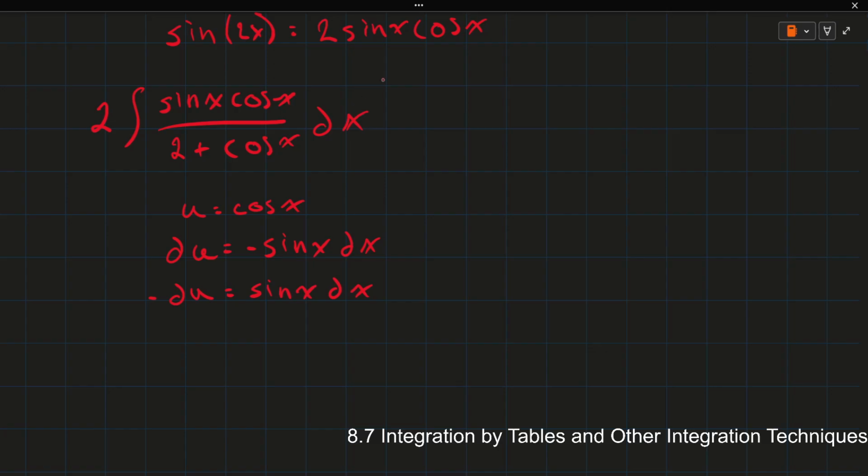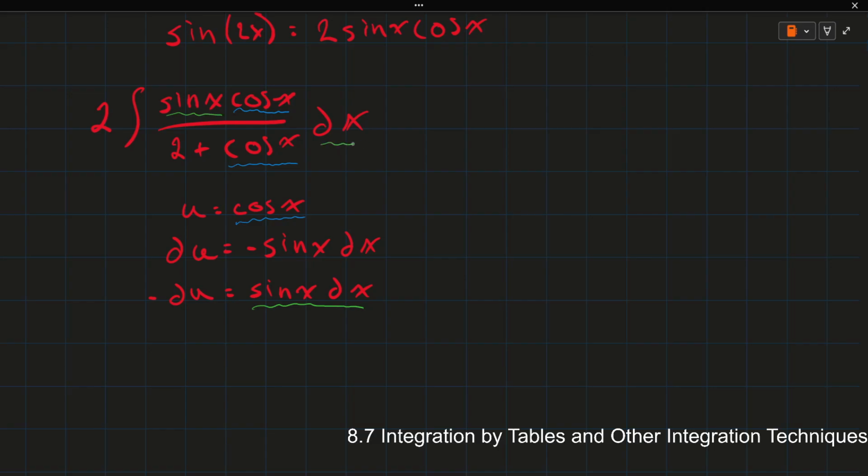So let's take a look at the substitution now. We have cosine x here, cosine x here, and also a cosine x here, so those will be u's. And then sine x dx is right here.